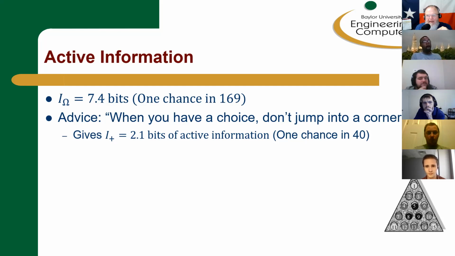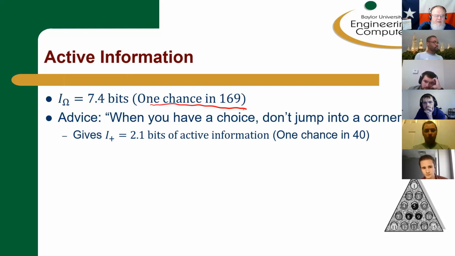This was generated, gosh, I forget, a few million times. And you can see here that the estimate after that 1 million times was 1 chance in 169. So the probability of success was 1 over 169. Remember, we're taking probabilities and making them into information by taking the log.